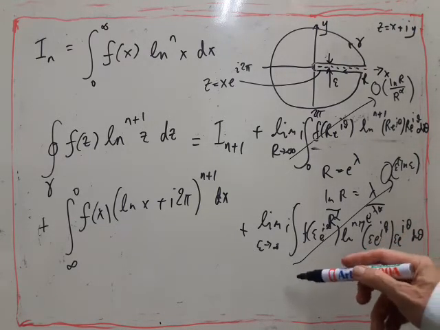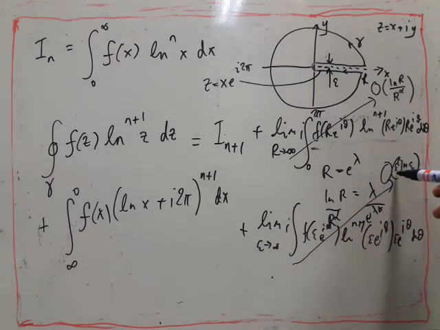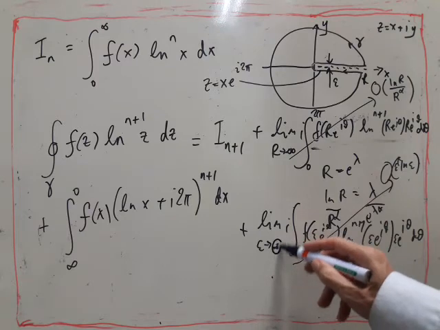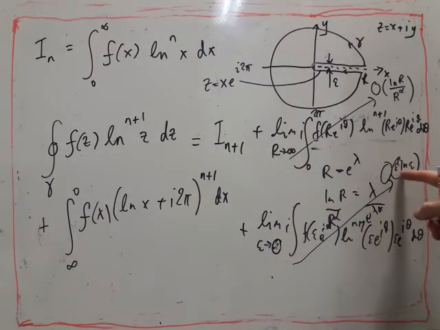Now, it's the same idea. As epsilon goes to 0, sorry, this epsilon goes to 0, not infinity, this will go to 0 if beta is positive.